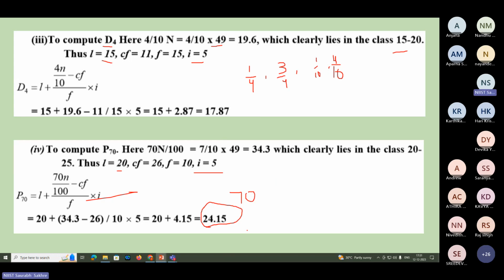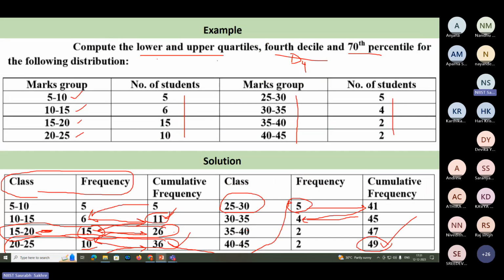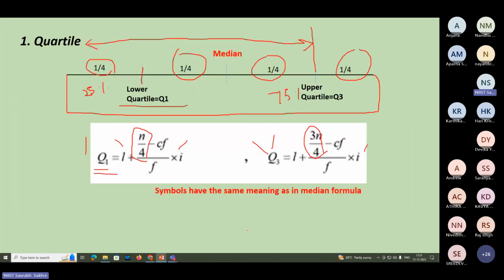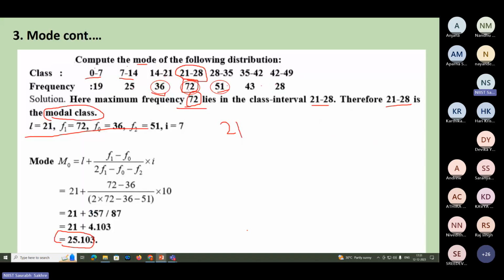So I can say that 70% of the students are having marks less than 24.15 and the remaining 30% are having marks more than 24.15. So I hope quartile, decile, percentiles, all these things are crystal clear to you.